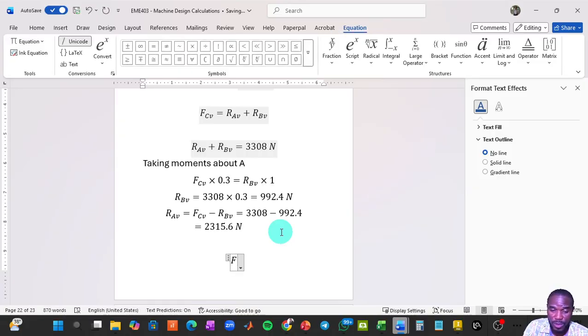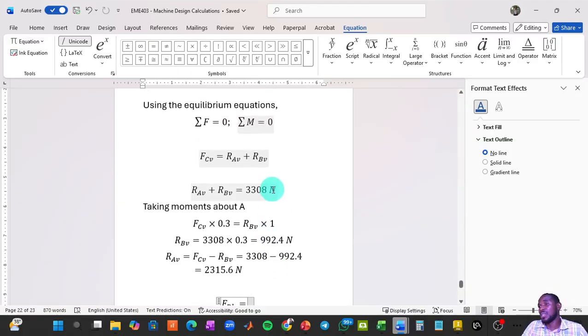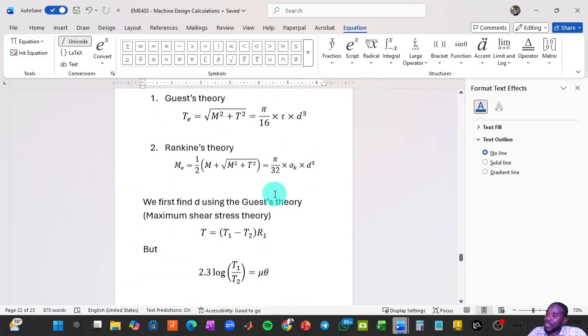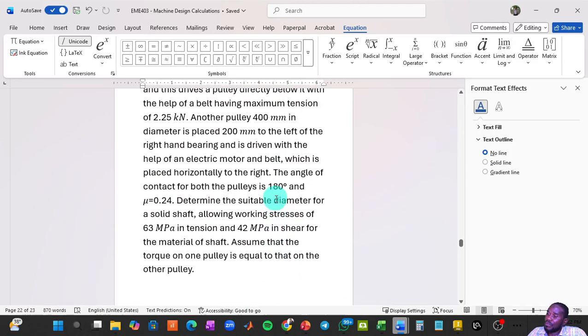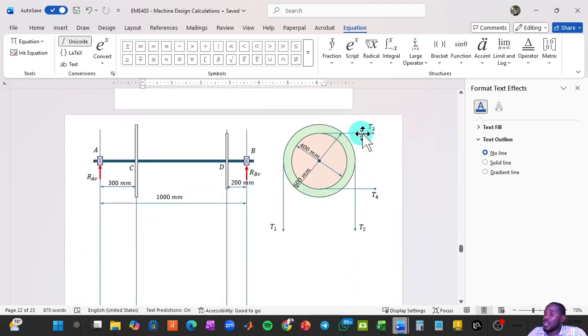So for AH and BH, we can say that the force acting at point B in the horizontal direction will be the sum of the reaction forces to it. So when this one is acting to the right, the reaction forces at point A and point B are acting to the left. So let's go back to that diagram so you have a grasp of what we're saying. We're saying that because the tensions T3 and T4 tend to pull this shaft to the right, the bearings at point A and B will resist that pull by acting towards the left with certain amounts of force.